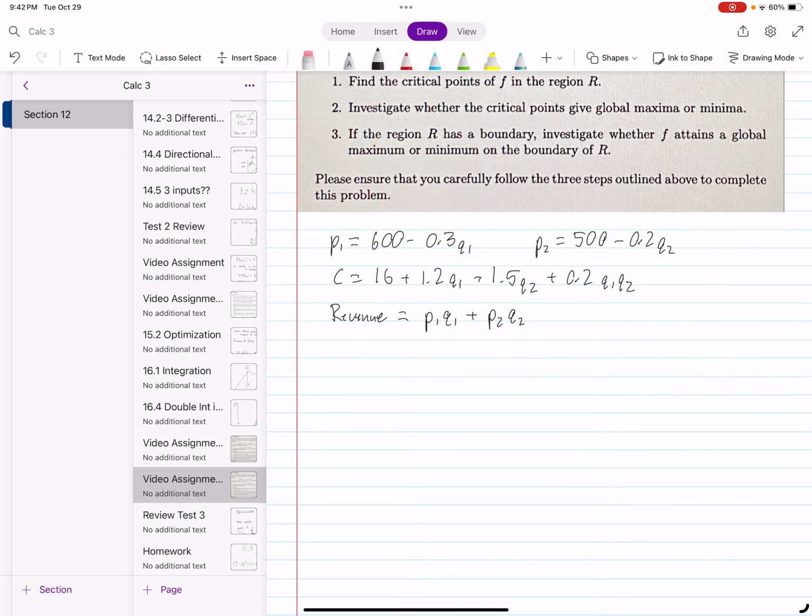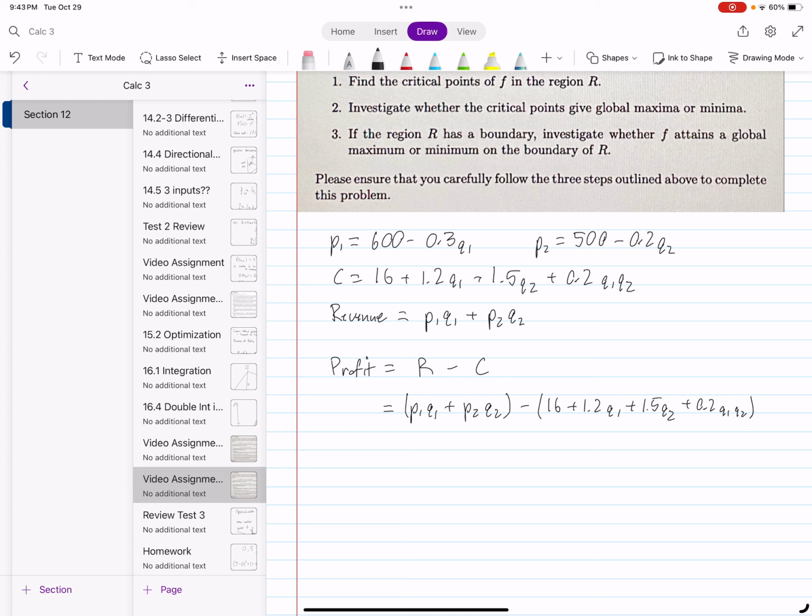So the total profit of the company is thus the revenue minus the cost. So we'll write this out. The profit is P1Q1 plus P2Q2 minus (16 plus 1.2 Q1 plus 1.5 Q2 plus 0.2 Q1 Q2).